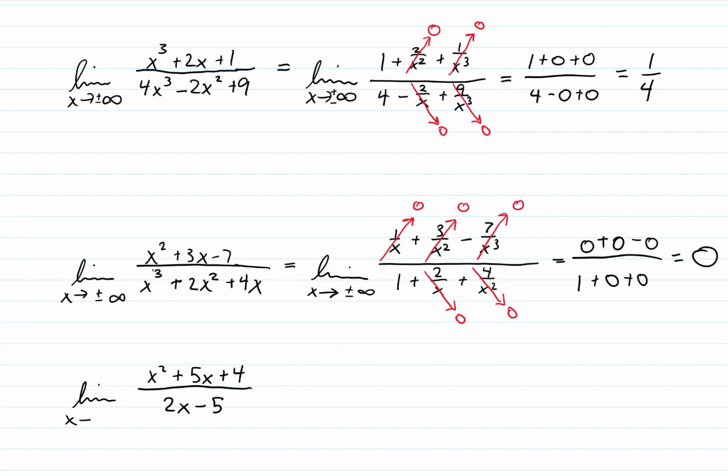And we'll do the limit as x goes to, I'm going to go ahead and write plus or minus infinity. And the largest power in the denominator is x to the power 1, right? So I divide everything by x.